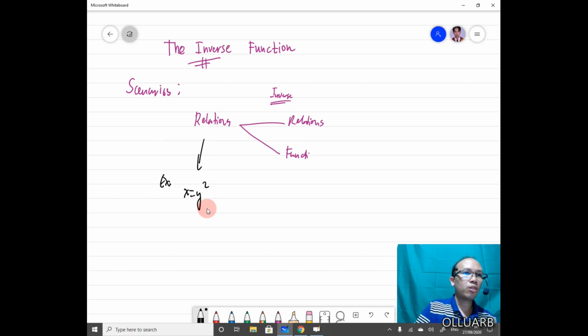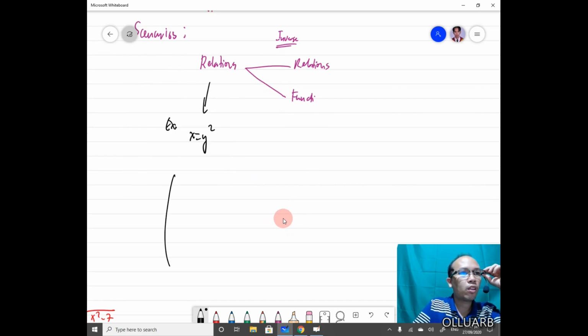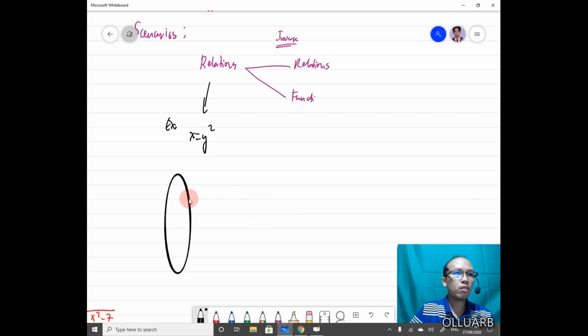So this is a simple example. This is a relation, because for every x value in the domain, you have two mappings in the codomain. So let's try to visualize this using a diagram.